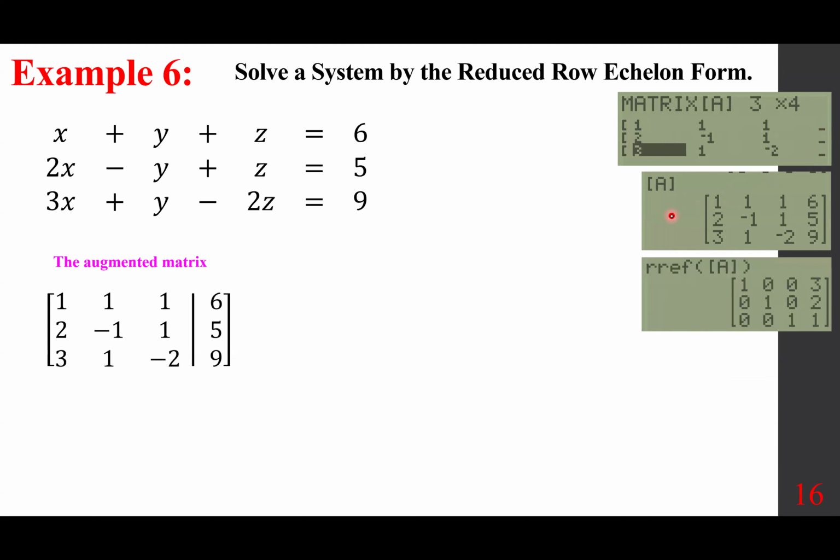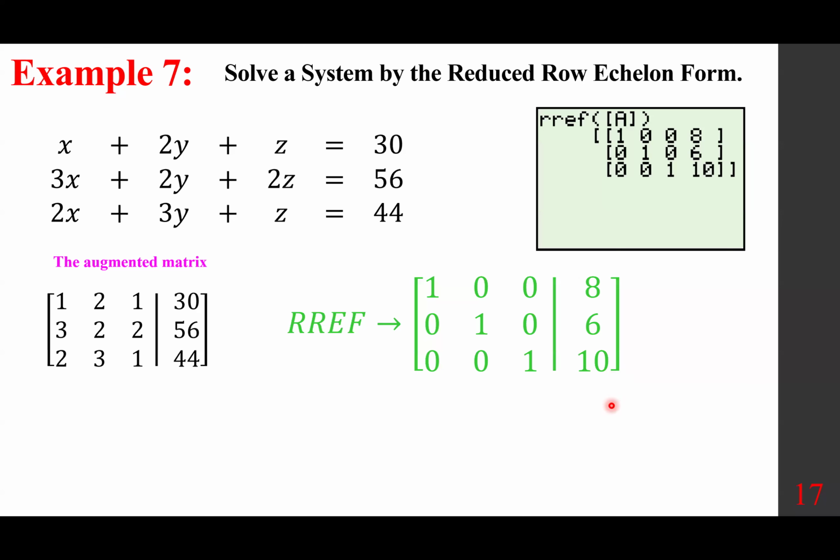REF matrix A results in the following. And this is the solution. Again, see 1x plus 0y plus 0z is 8. That means x is 8, y is 6, z is 10.